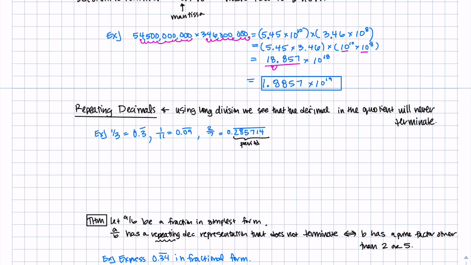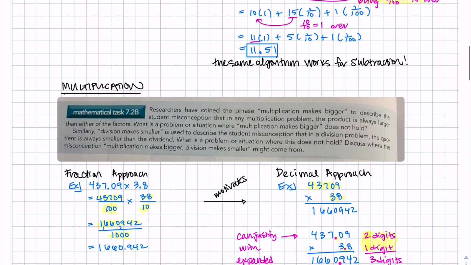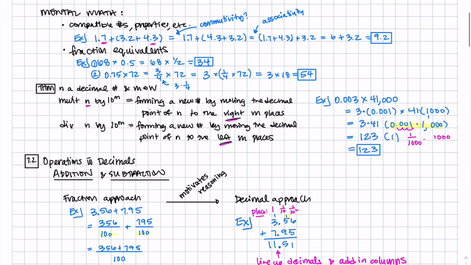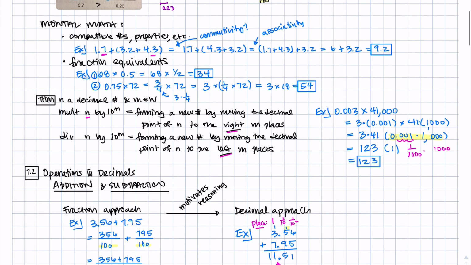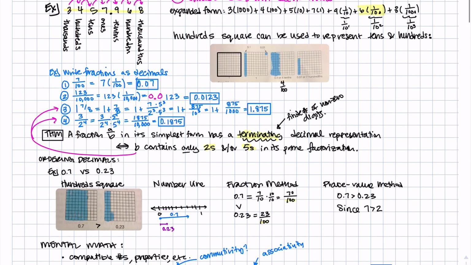What we mentioned at the end of section 7.1, in this theorem, is that we have a terminating decimal if and only if the denominator has only factors of 2 or 5 in its prime factorization, okay?